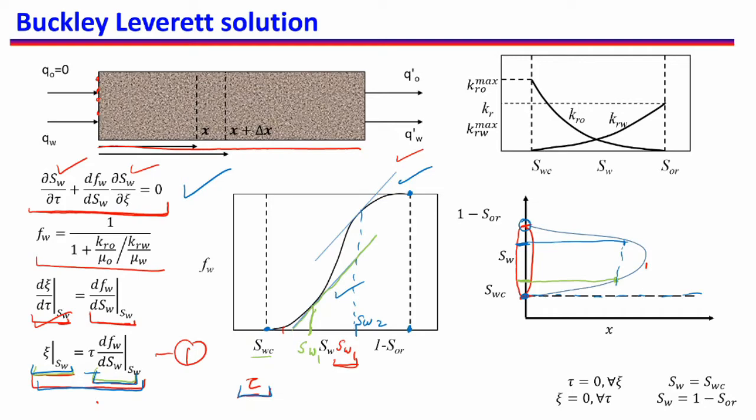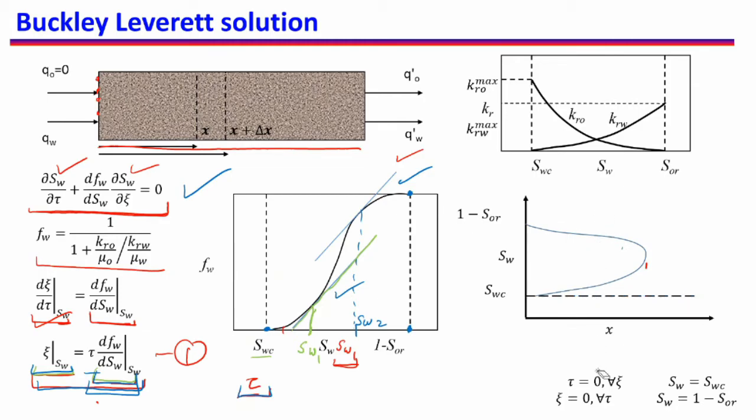This is present at only x is equal to 0. So between SWC and 1 minus SOR, we encounter different slopes, and using those slopes of the fw curve, we can find the distance covered by different Sw in time tau, and we get a curve that I have shown here.